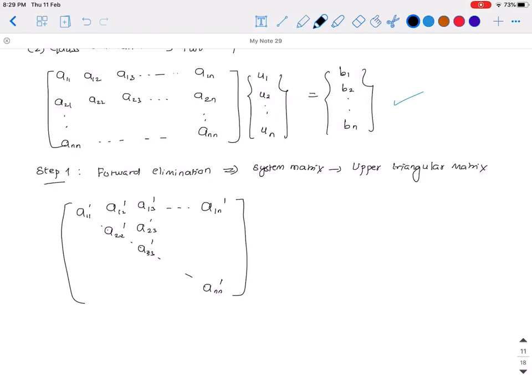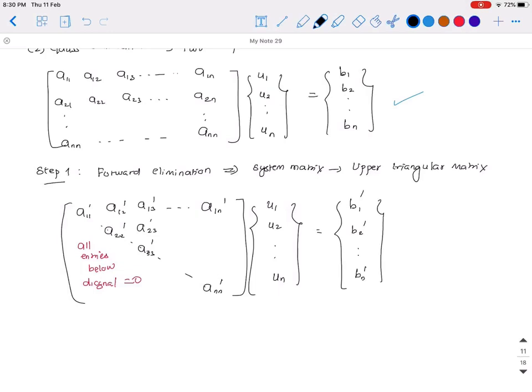By upper triangular matrix we mean that all entries below the main diagonal are 0, so the matrix contains non-zero elements only on and above the main diagonal. Correspondingly, the source term's magnitude also gets modified during the row operation process.